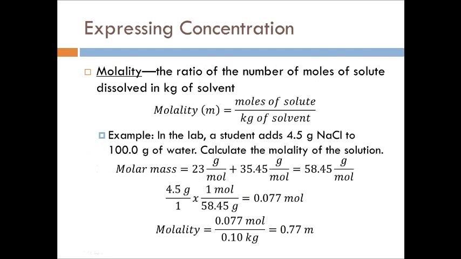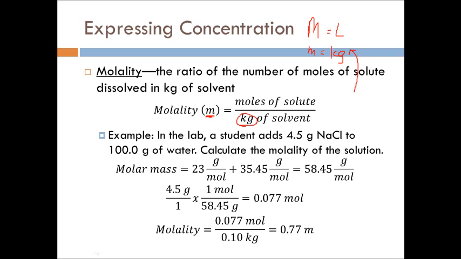Alright, the next way to express, actually the third way to express concentration, is known as molality. This is similar to molarity, but different. Molality is little m, and it's the moles of solute over the kilograms of solvent. So molarity deals with liters, big M has liters, little m has kilograms.